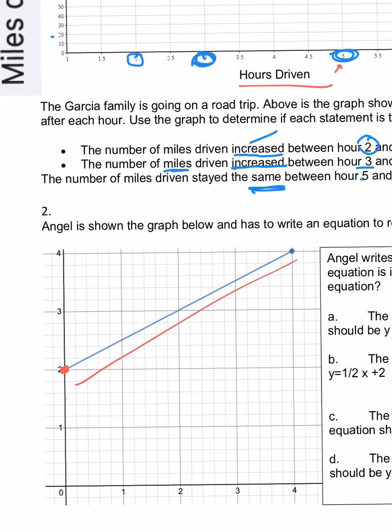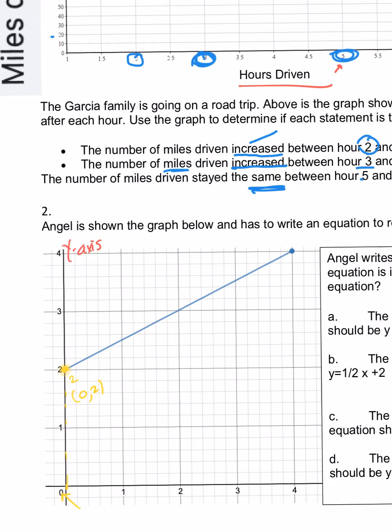This is where the line crashes into the y-axis. Your y-intercept is right here. Right there. So at 0, 2, when x is 0, your y-intercept touches the y-axis.